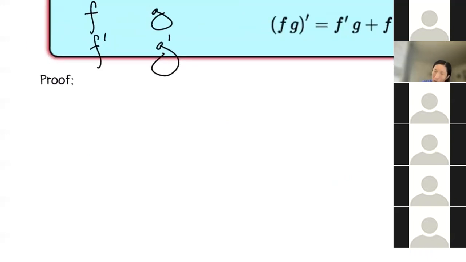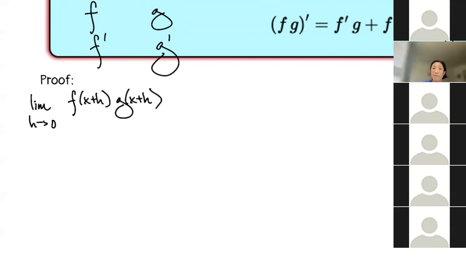So I'm going to use the formal definition of the derivative here to prove this rule. I'm going to start off with the limit as h approaches 0 of f of x plus h times g of x plus h.